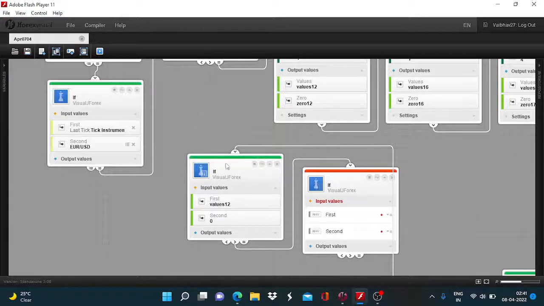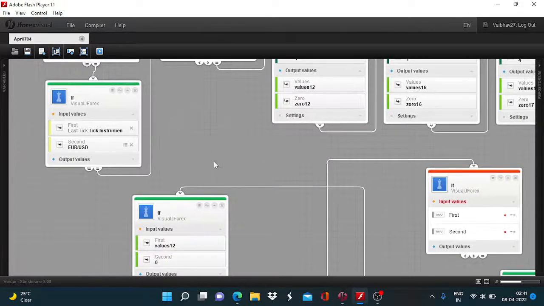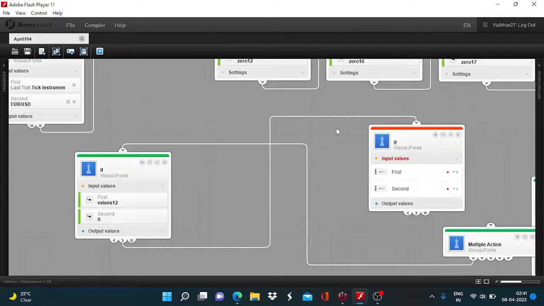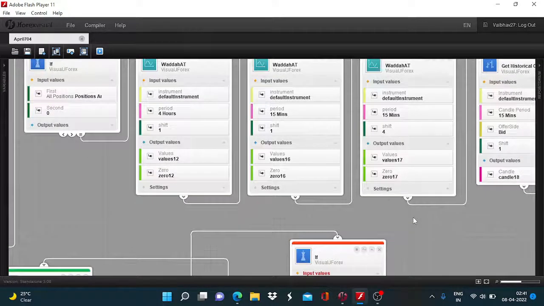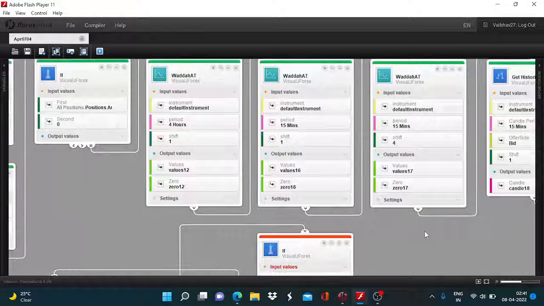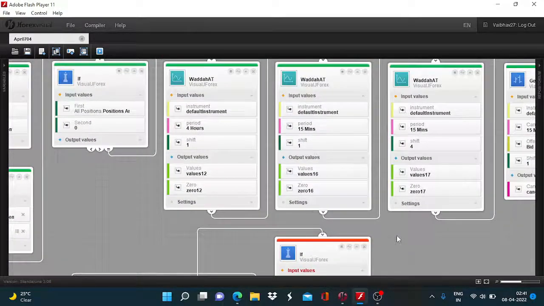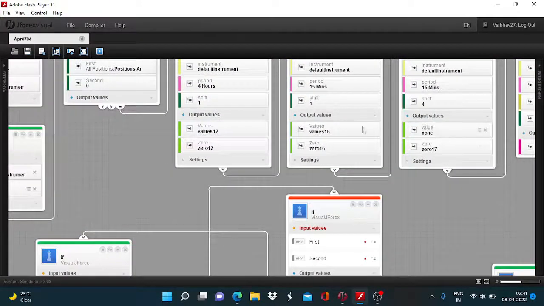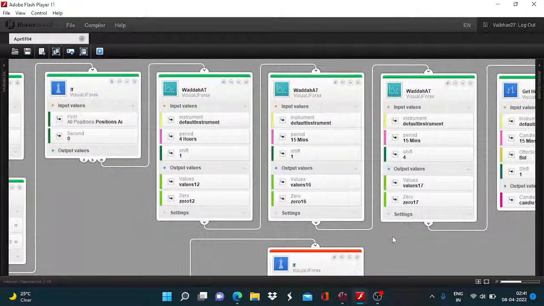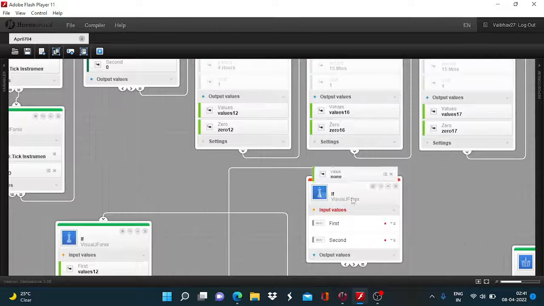Okay, and after that we consider the 15-minute variety output values, and here we will need the output values of these two variety blocks to be compared, and we want value 16 to be above 25.